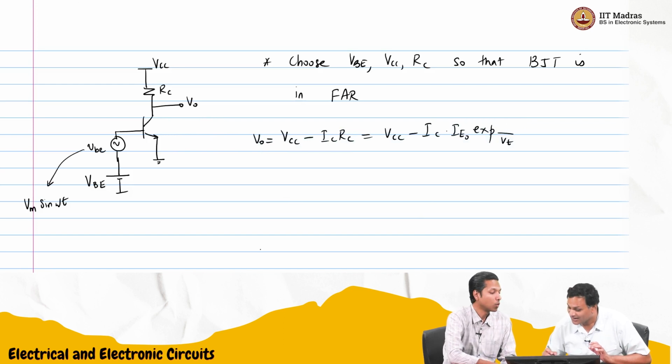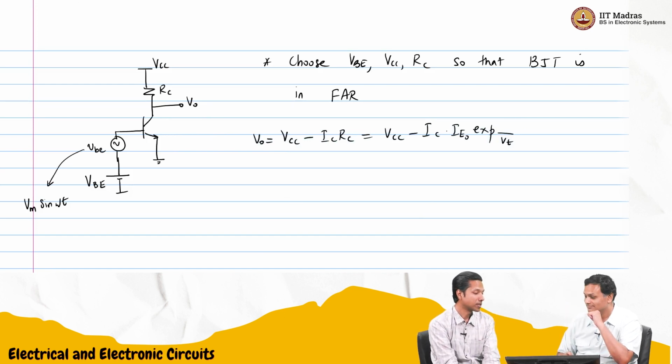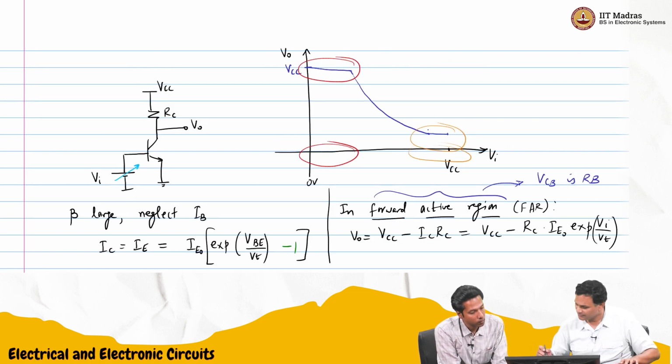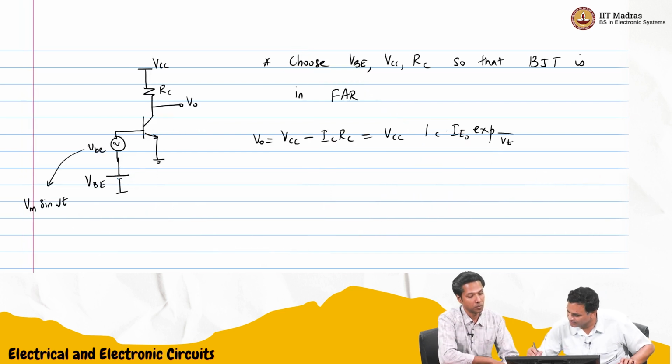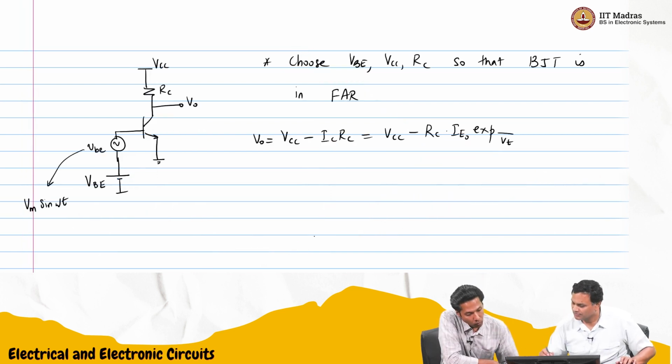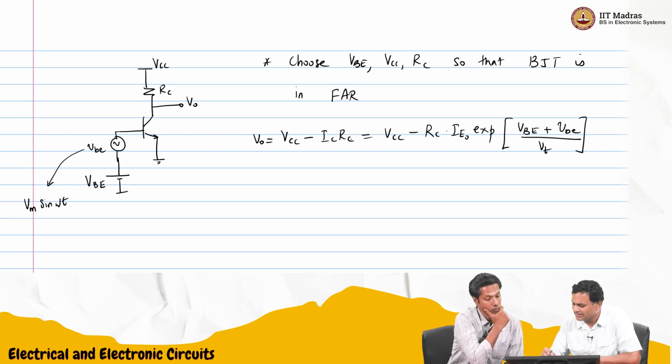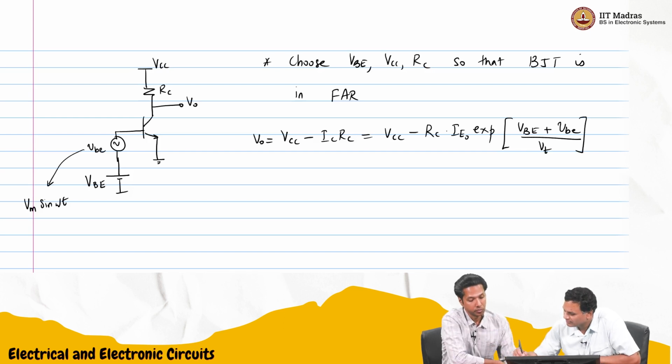E power, now Vi is VBE plus small VBE. So VCC minus ICRC. IC is nothing but IS exponential VBE by VT. So VBE is nothing but capital VBE, the DC value, plus small VBE.